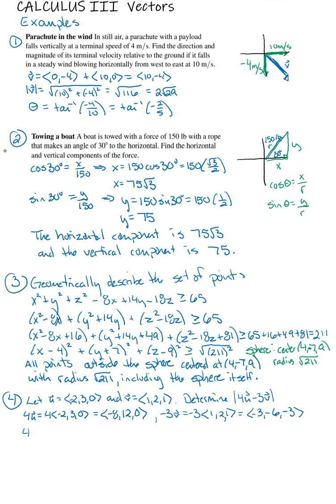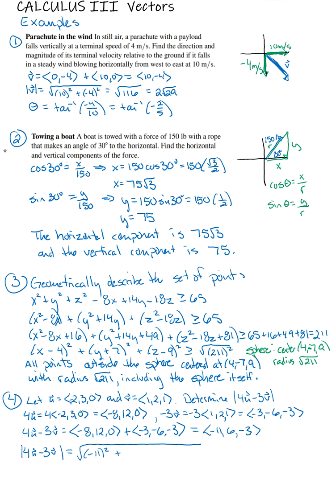Now if we put those together, 4U minus 3V, it's really just a matter of adding those two vectors we just wrote down. So putting those together, we get -11, 6, -3. And finally, to take the magnitude of this vector, remember that's the square root of the sum of the square of each component.